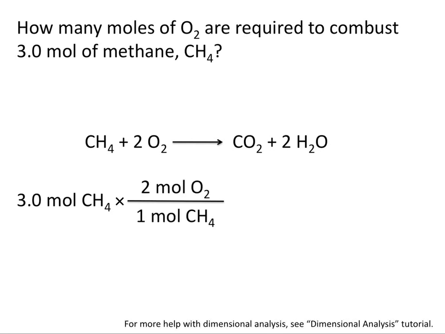And we'll put moles of methane on the bottom, so moles of methane will cancel out, leaving us with moles of oxygen. Remember that the mole ratio in our conversion factor is derived from the coefficients in our balanced chemical equation. Therefore, we come up with the answer that 6 moles of O2 are required to combust 3 moles of methane.